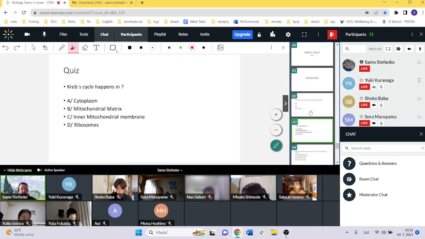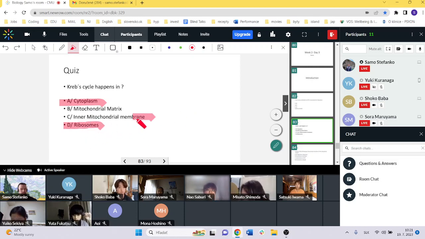If I ask you what kind of metabolic pathway we discussed so far is happening in the cytoplasm. Glycolysis. Perfect. Great. Glycolysis is happening in the cytoplasm of the cells. Mitochondrial matrix is the place where the Krebs cycle takes place.